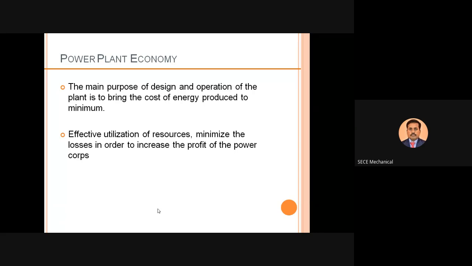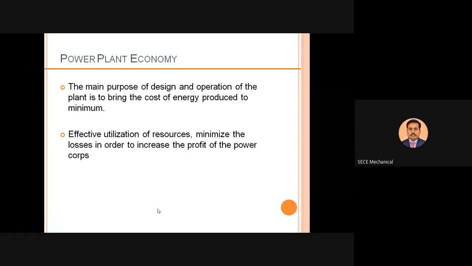These are a few components. So how the components are effectively utilized, and not only components but all the resources. Man, machine, material, everything is called resources, right? The effective utilization of resources we have to analyze, which means we have to study power plant economy. That is also a main importance of power plant economy.